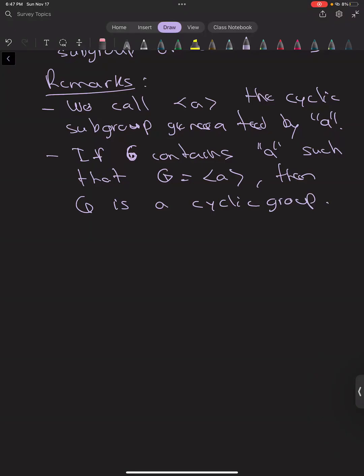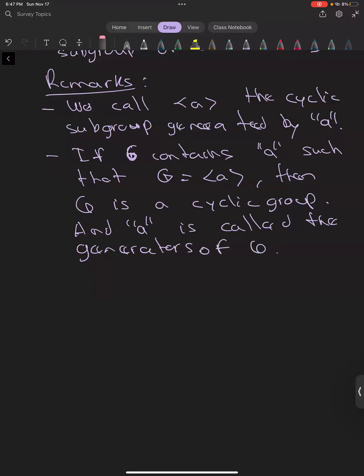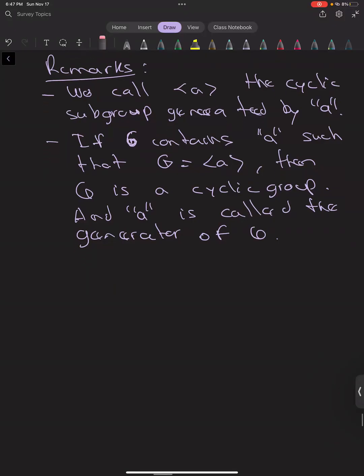And A is called the generator of G. All that terminology is important for us to be able to communicate.